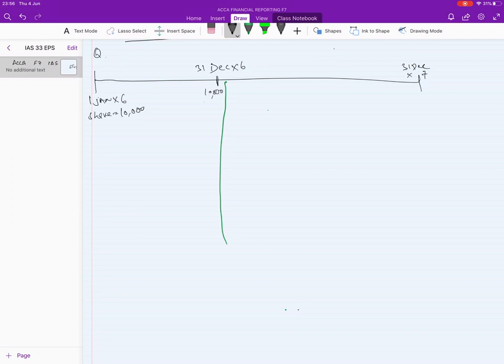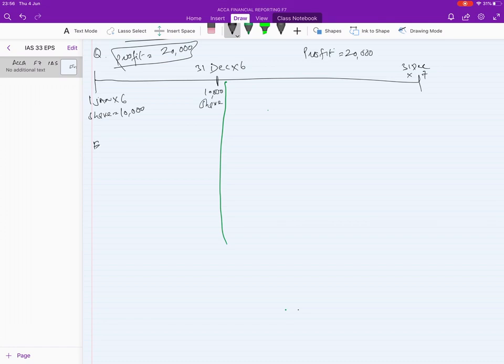No share was issued in X6, and the profit is, suppose, 20,000 for both years. Suppose this year and this year also is 20,000 profit for both years.